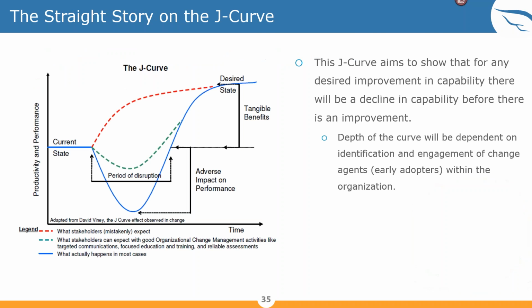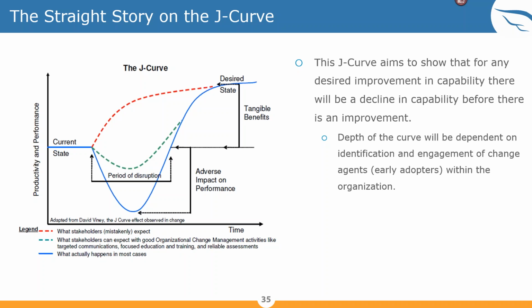So we try to educate the leadership around this straight story, this concept of the J curve. If they know going in up front that if we stay at your current state, there's not going to be any disruption and you'll stay at that state.